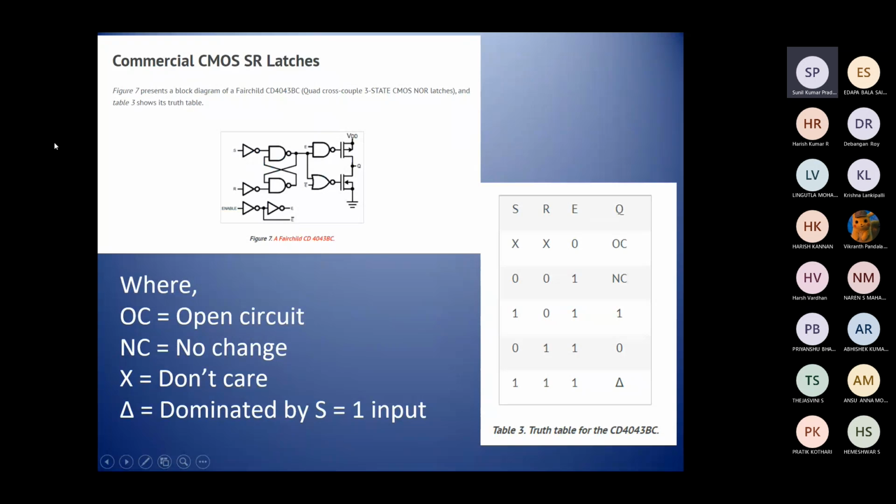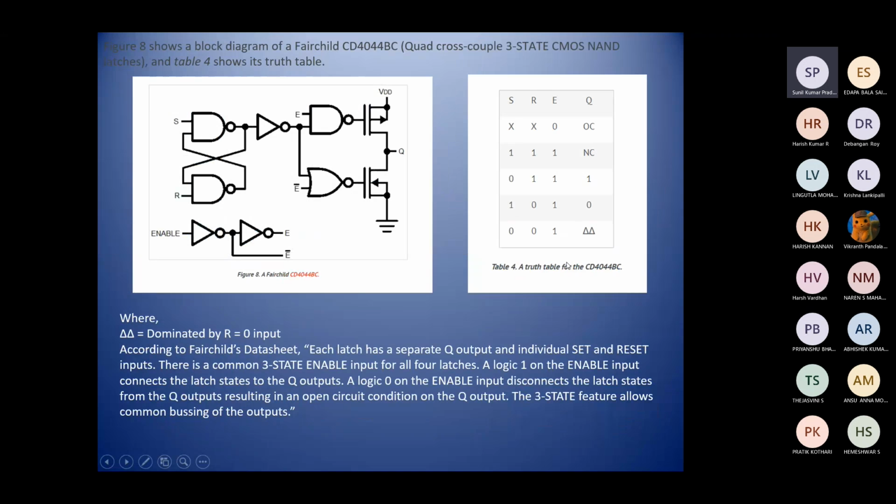This is the block diagram of the Fairchild CD4043BC. This is the nomenclature we are using. This is for CMOS SR latches, the CMOS NOR latches, and it's the figure along with this truth table. Similarly, this is for the three-state CMOS NAND latches, with this truth table.